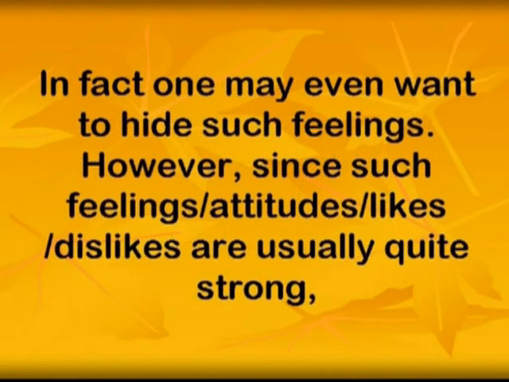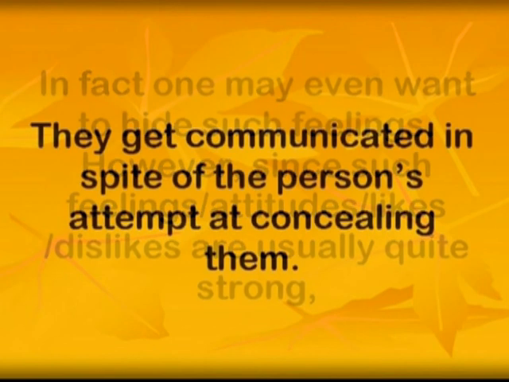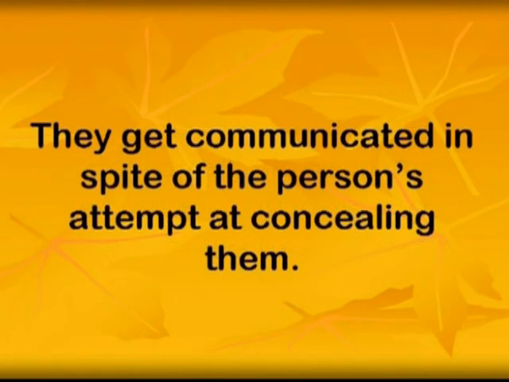In fact, one may even want to hide such feelings. However, since such feelings, attitudes, likes and dislikes are usually quite strong, they get communicated in spite of a person's attempts at concealing them.